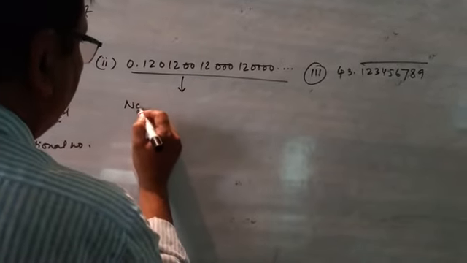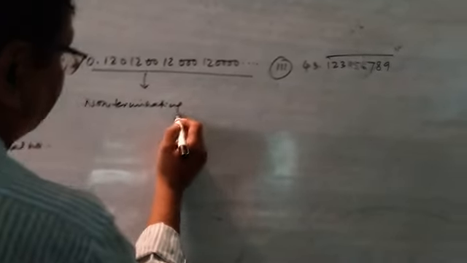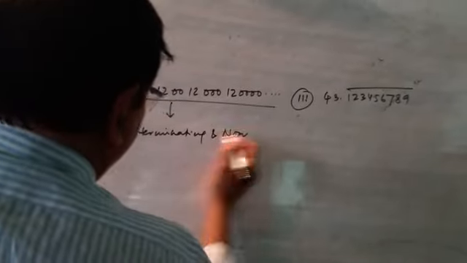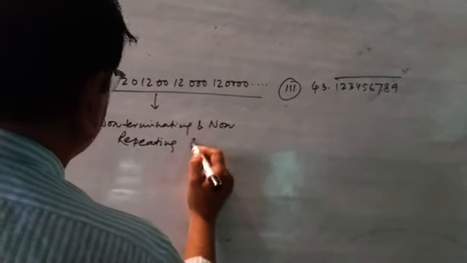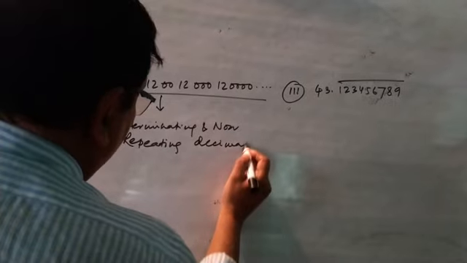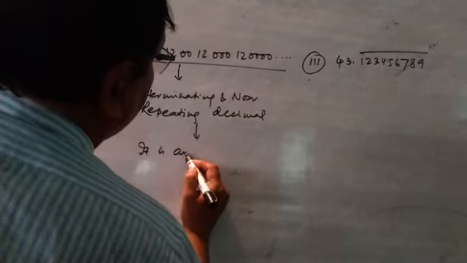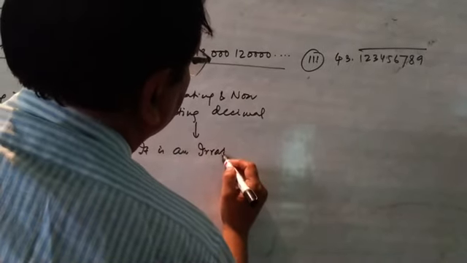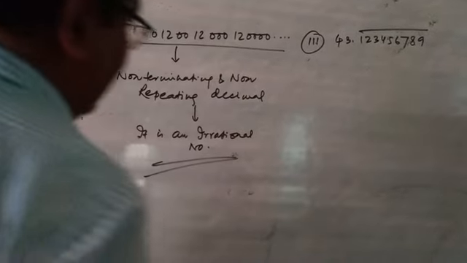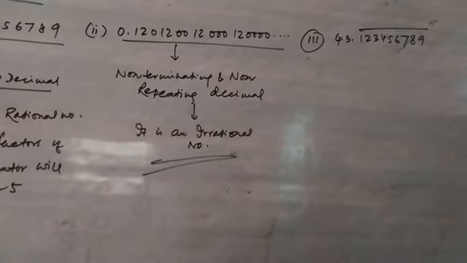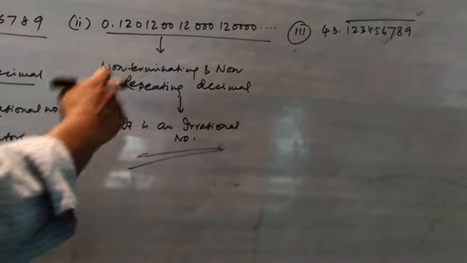That it is a non-terminating and non-repeating decimal. And if it is a non-terminating, non-repeating decimal, it is an irrational number. Remember, when I was explaining a rational number, I told you the decimal representation of an irrational number is always non-terminating and non-repeating.